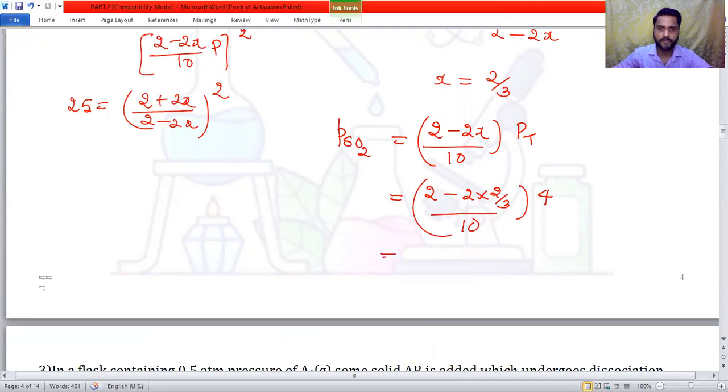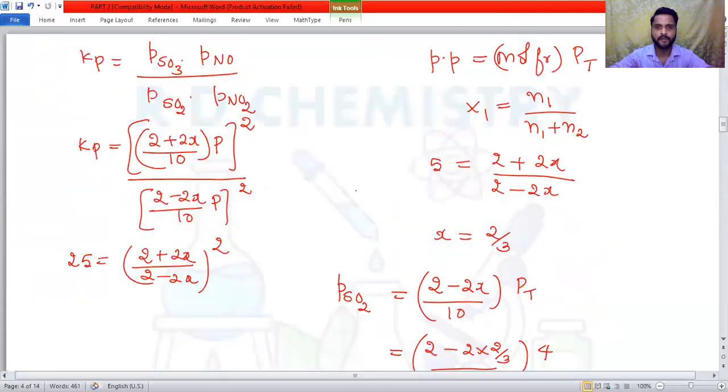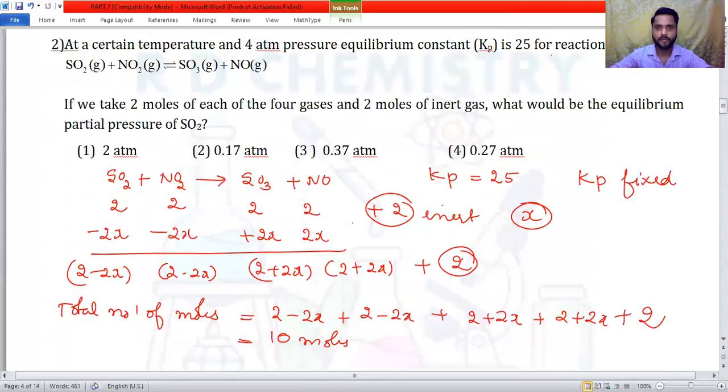So this simplification gives 0.266 atmosphere, which can be rounded up to 0.27 atmosphere, and that is there in option number 4. Therefore the fourth one is the answer.